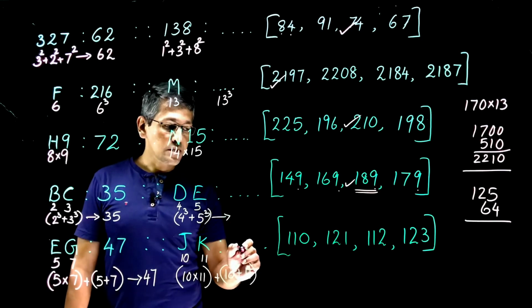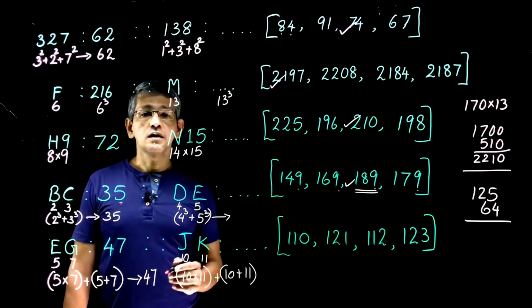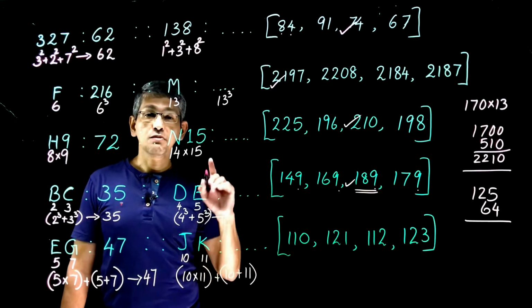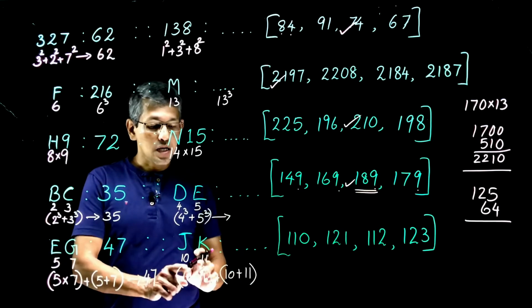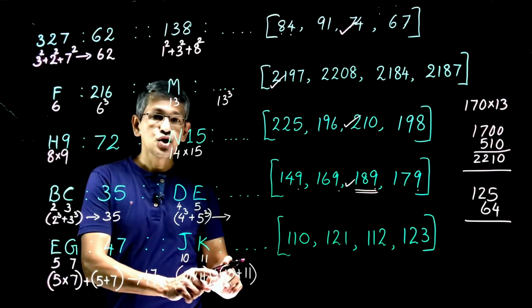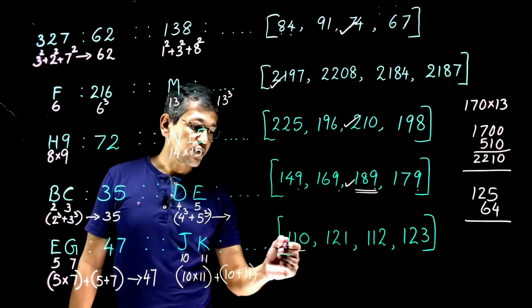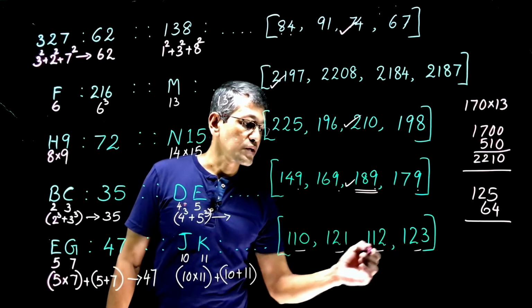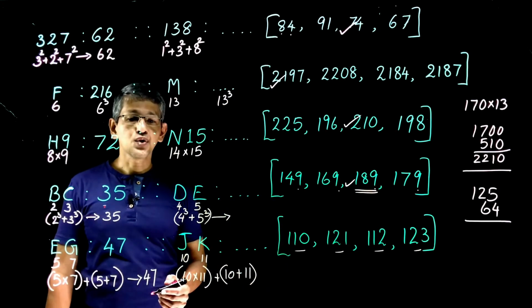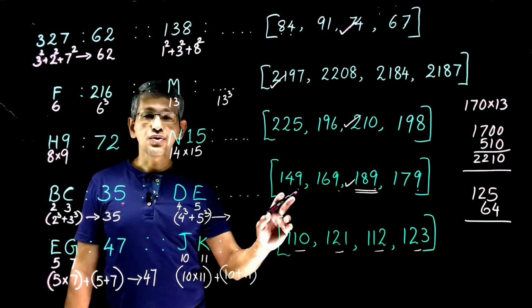So 110 plus 21, what is the answer? It must be 131, correct? 110 plus 21 is 131. Look at the answer choices. We have 110, we have 121, 112, 123. So we don't have such an answer choice, 131.